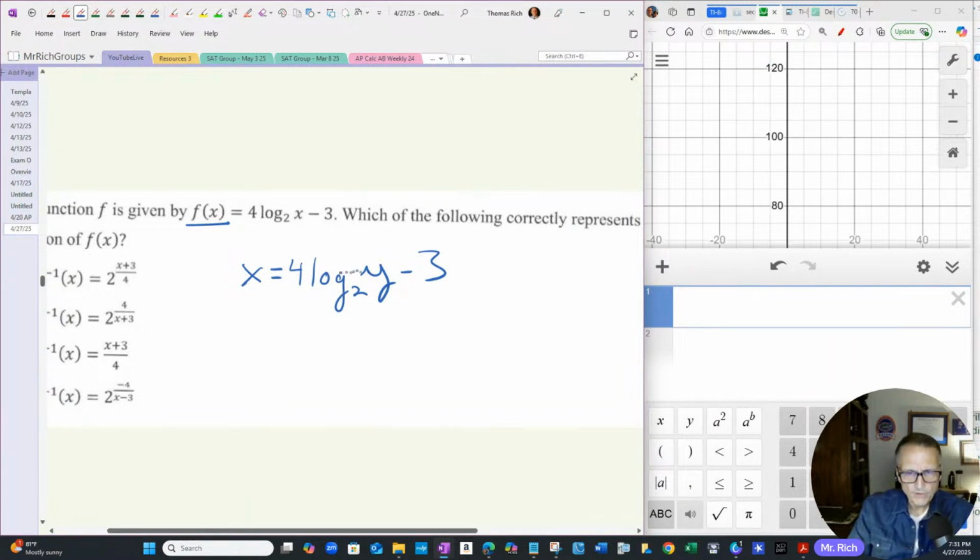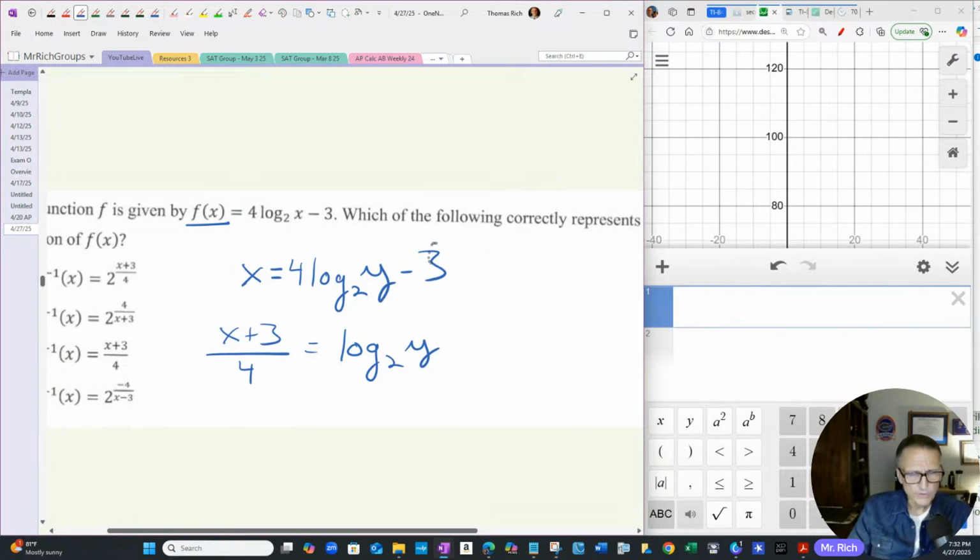Well, the first thing that I'm going to do here is add the 3 over, right? Because this minus 3 is not part of the argument of the logarithm. If it were, it would have looked like this. So I'm going to add 3 to both sides. Therefore, I get x plus 3. At the same time, I'm going to divide by 4, and that leaves me my logarithm isolated on the right side.